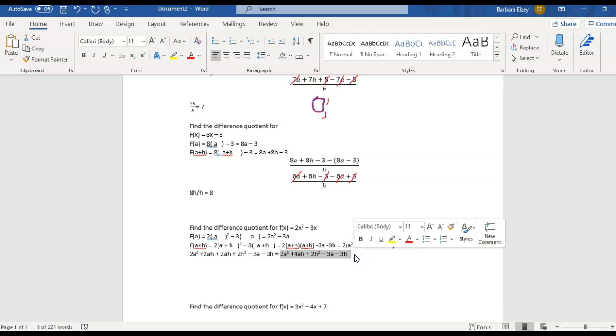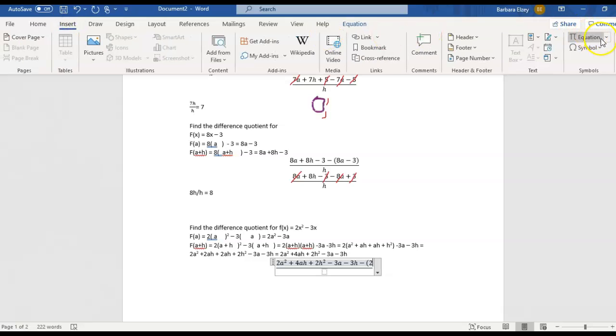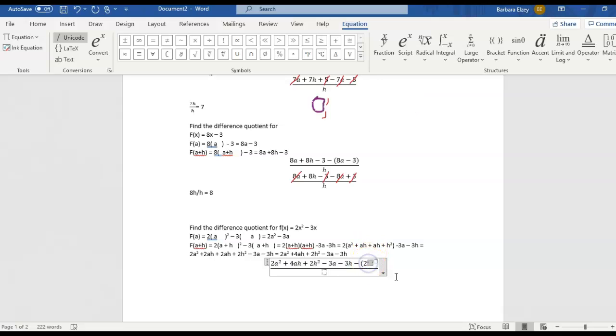all of this right here, on the top of the fraction in the first position, followed by a minus sign. So there it is, the answer to this, followed by the minus sign. Now, remember that we need parentheses and the answer to our f of a, which is right here. So 2a squared minus 3a, all in parentheses, and let's not forget our h.